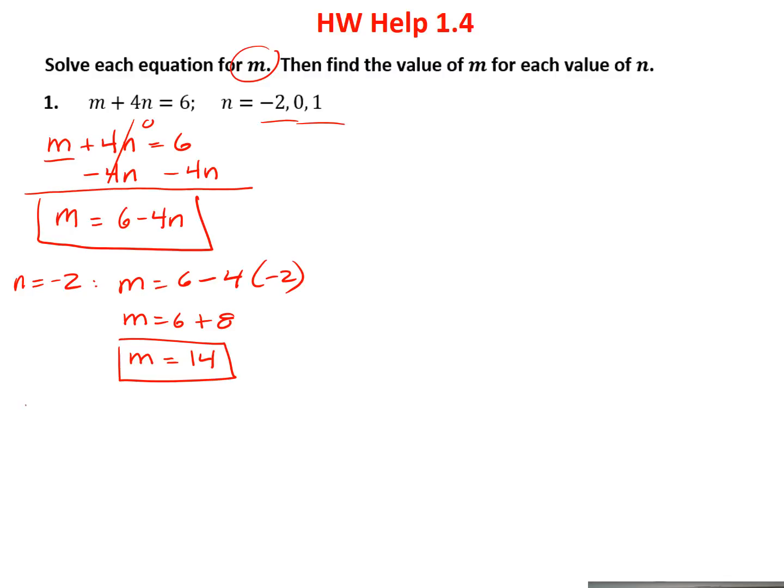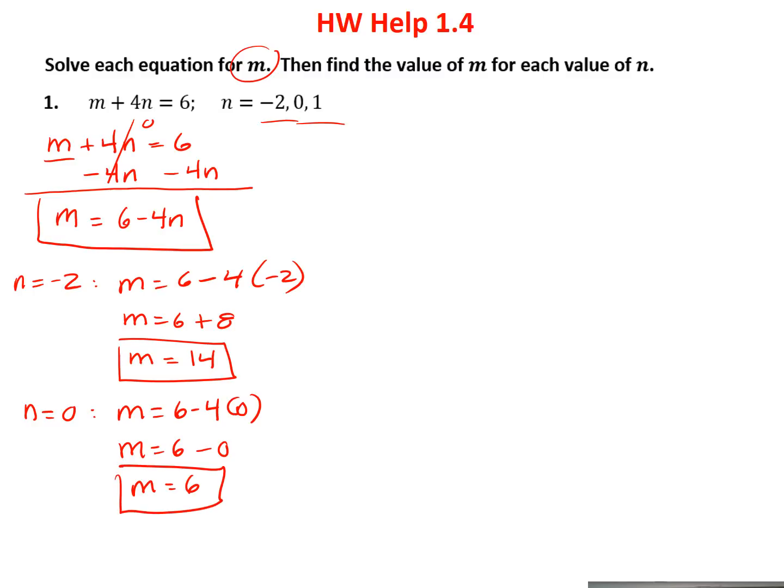Let's try it for the next one. When n is 0, then m equals 6 minus 4, and this time we put in 0 for n. And so m equals 6 minus 4 times 0, which is 0. So m equals 6. And when n is 0, m equals 6.